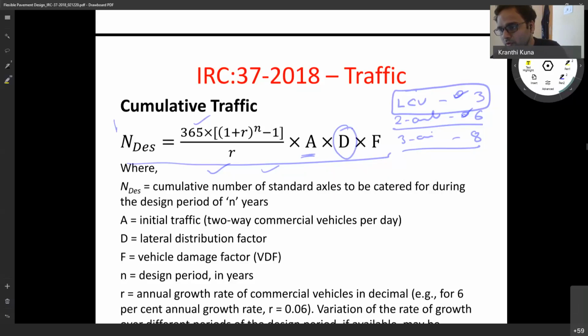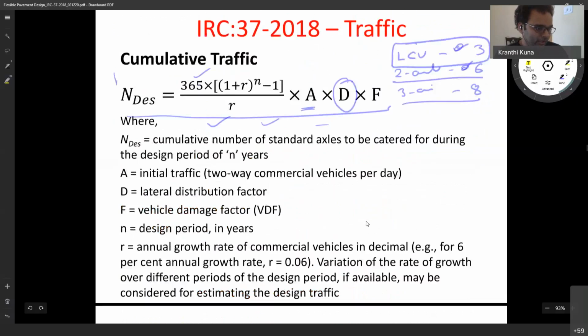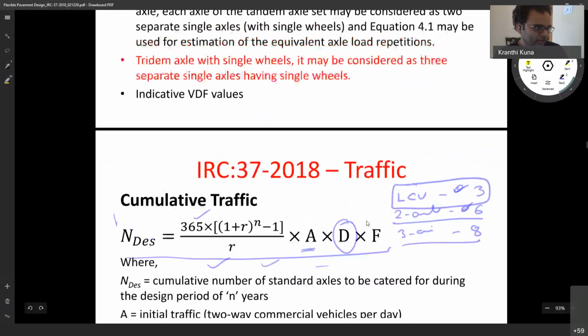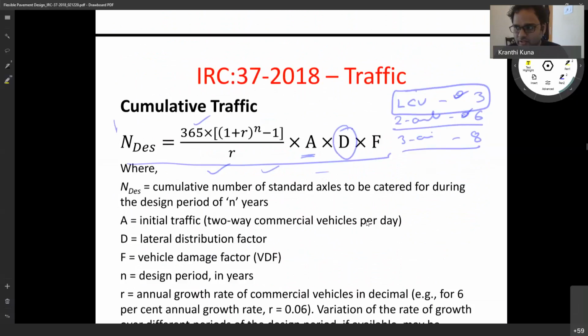If your project is not a small project, in that case you can use direct values. For example, there are indicative VDF values given in IRC 37. Then you do not have to do individual vehicle classification VDF. Okay, thank you.